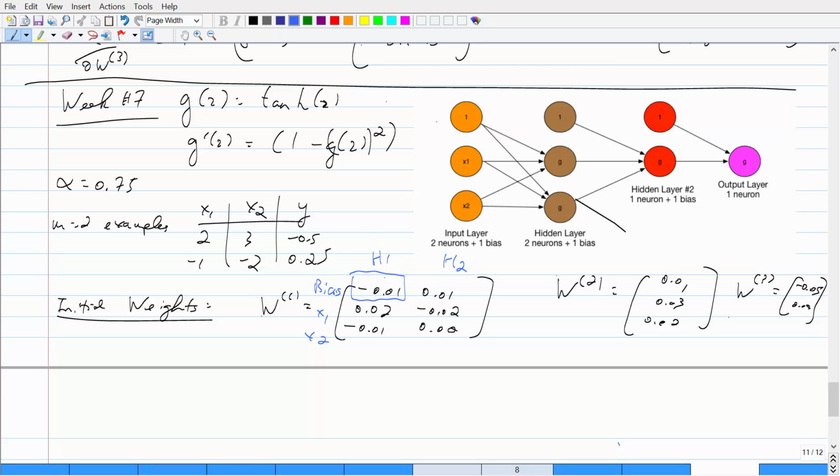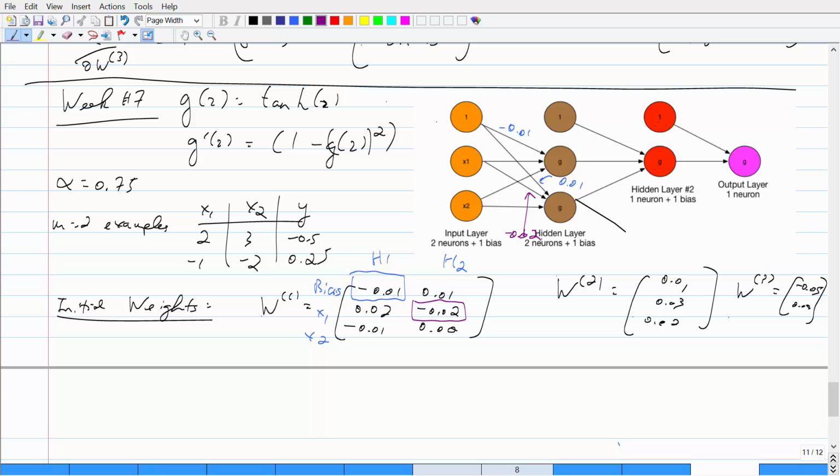So this connects from the bias to the first node of the hidden layer without the biases. So this would be minus 0.01 here. Okay, so this weight here, bias to hidden layer 2, will be 0.01. And then just more practice, let's say I wanted to do this one here. In this case, this connects between x1 and the second node of the hidden layer, which is this guy right here. This would be minus 0.02, and so on.